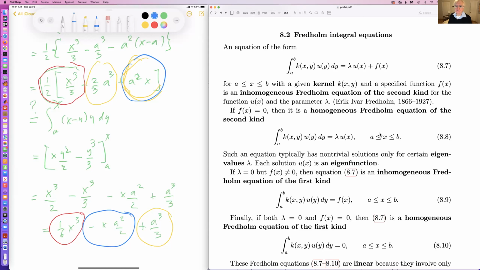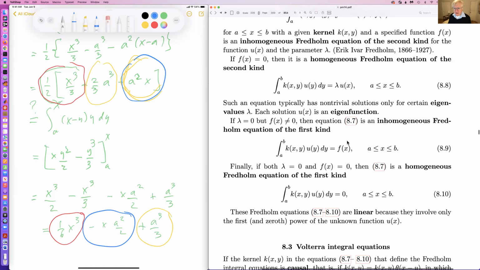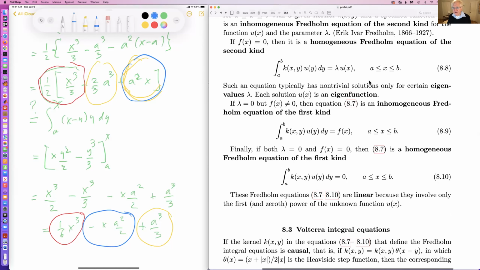Of course, it was a linear equation before, actually. So now this is a homogeneous Fredholm equation of the second kind. And this typically has non-trivial solutions only for certain eigenvalues. And each solution u is then an eigenfunction. So this is what eigenvalue equations look like in integrated form.